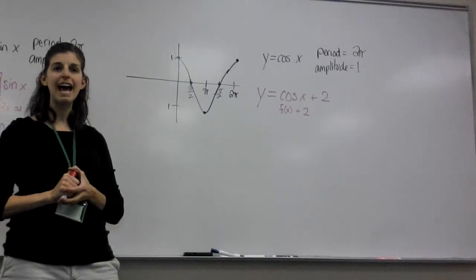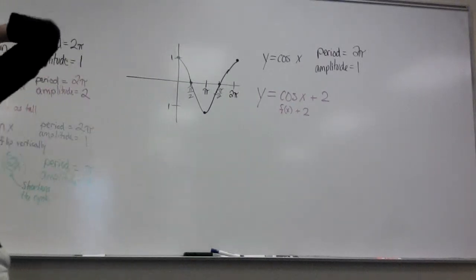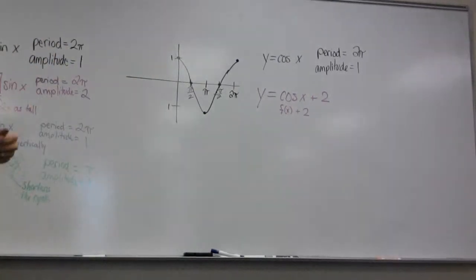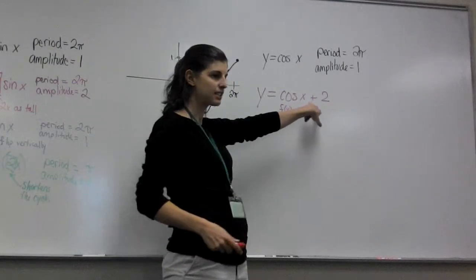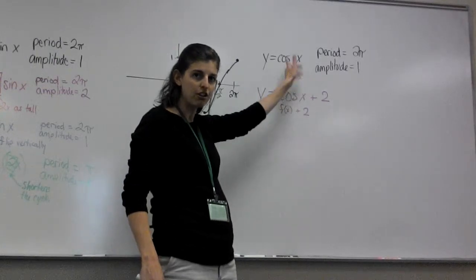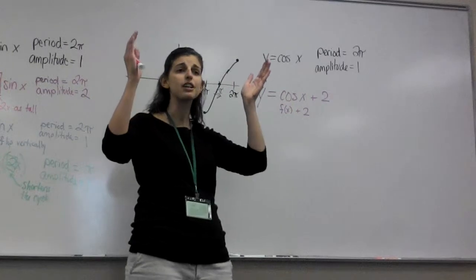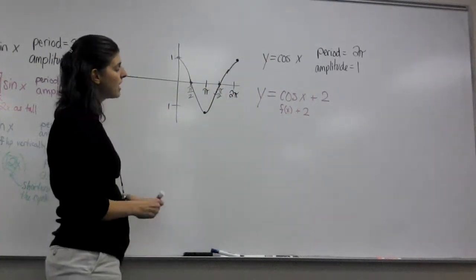If I wanted to add 2 to the angle measure before taking the cosine of it, I would need to put parentheses around my x and my plus 2. How do I know if the 2 is in the function or out of the function? It's out of the function because there's no parentheses grouping the x with the 2.